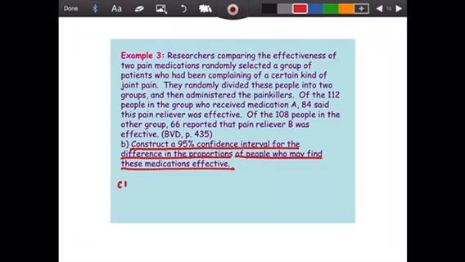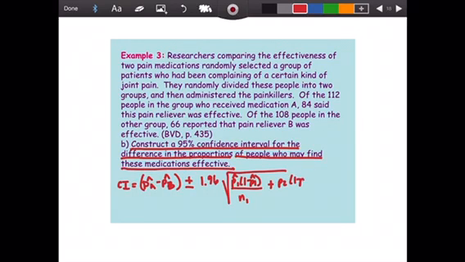So I want you to find a confidence interval for p hat 1 minus p hat 2, or we could say A minus B here, plus or minus my critical value times the standard deviation of my statistic.